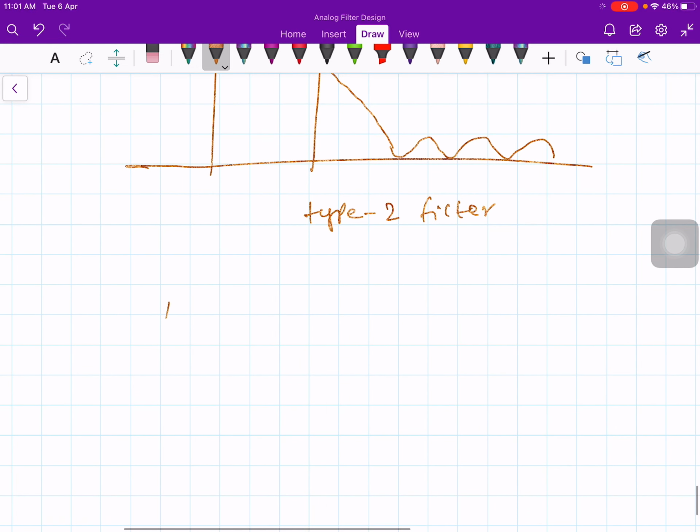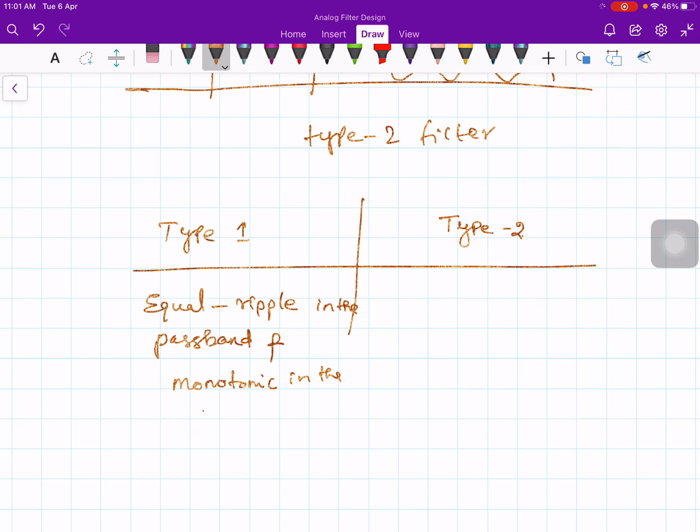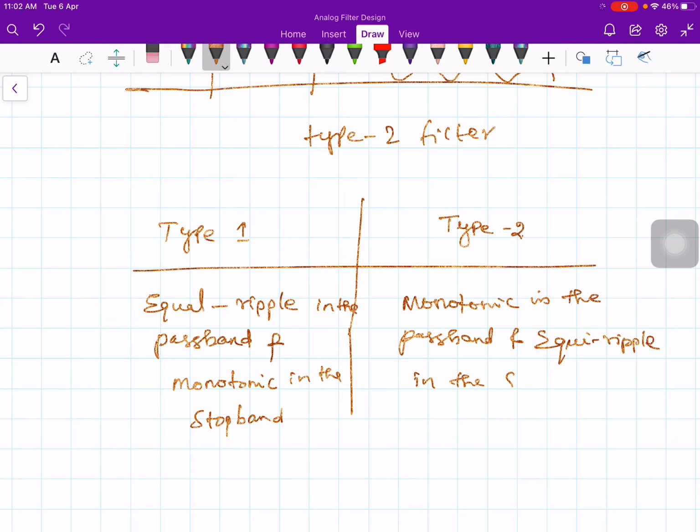This type 2 is called the inverse Chebyshev filter.